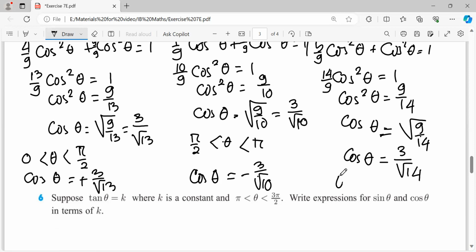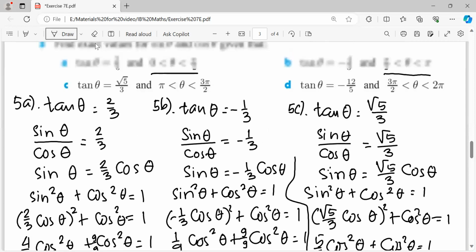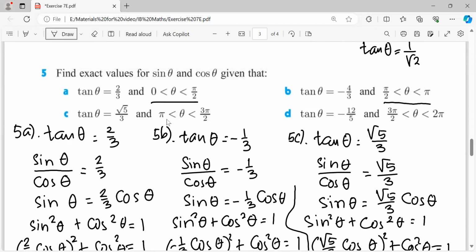As we check, we're going to check the quadrant. Theta is from pi to 3 pi over 2, which means this is quadrant 3.